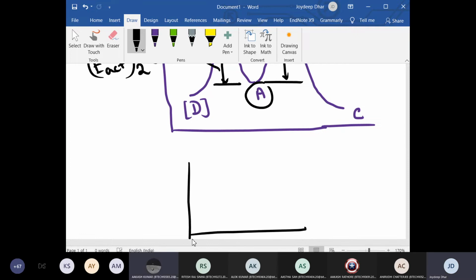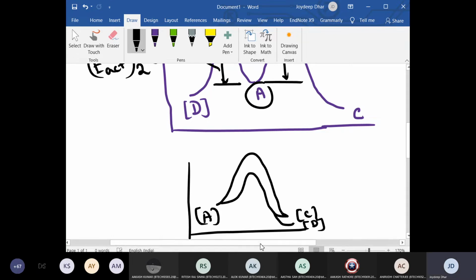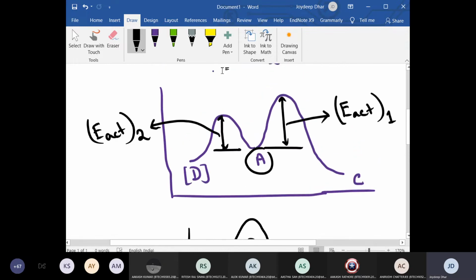One book they can show A is converted into C, one is D, like that I can show. Okay, from A to C and D, but I have shown in this way for better visualization. So A at the middle, that is your starting material, converted into product C and D.